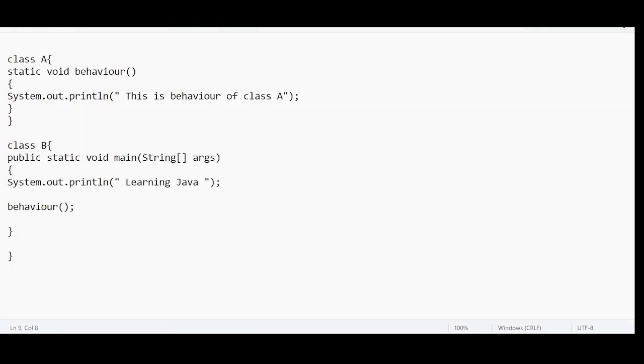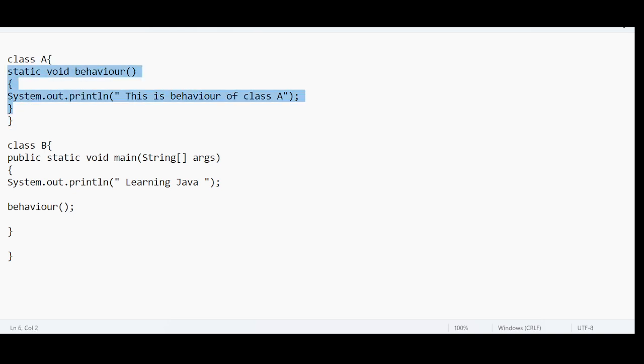So if I remove this extends keyword, the compiler is trying to trace it. This is not a runtime error, this is a compile time error. The compiler is unable to generate a .class file because it finds that the behavior method is not contained in the current class B, because the behavior method is available in class A.